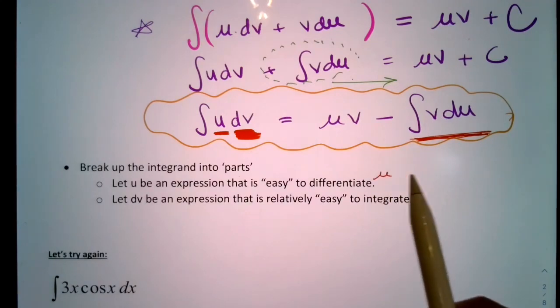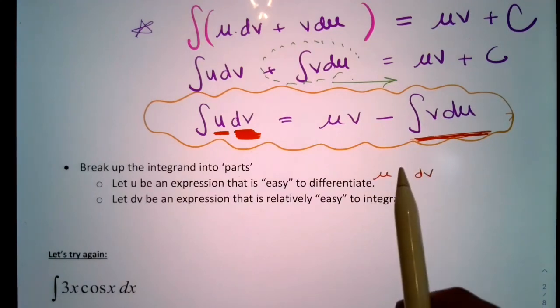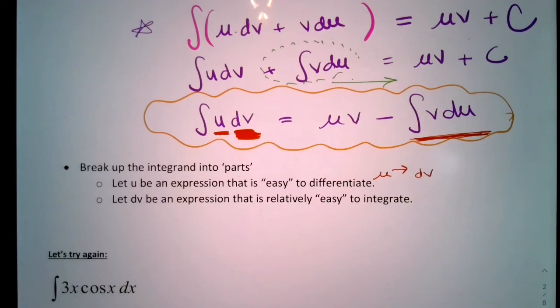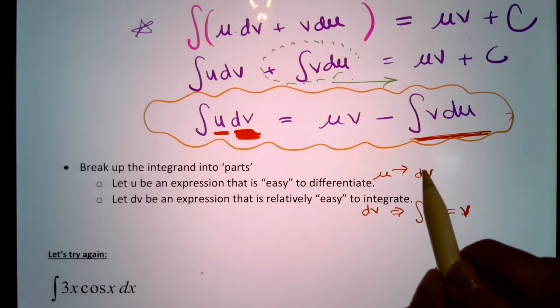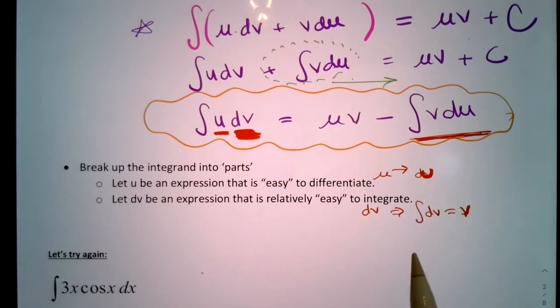If you're going to set u to be something, you want to make sure you can manageably find its derivative. And whatever you set dv to be, you want to make sure that when you integrate dv, you get a good expression for v. So you want dv to be relatively easy to integrate, and u to be relatively easy to differentiate.